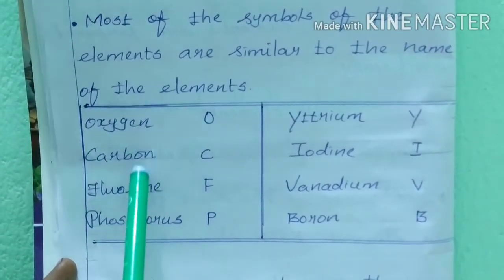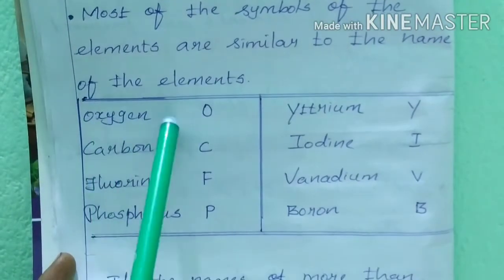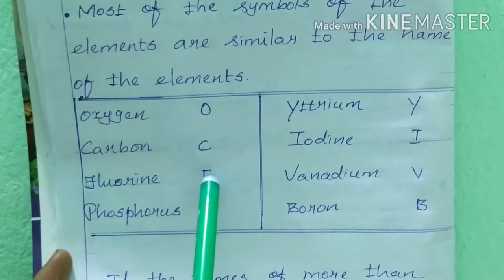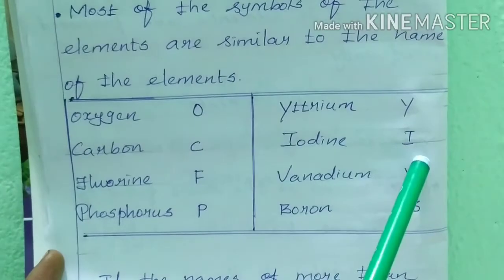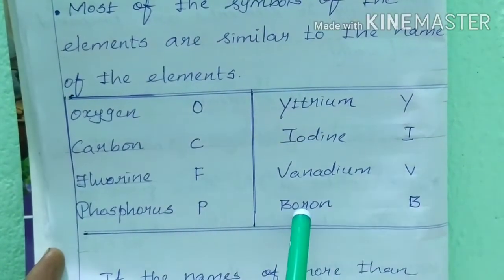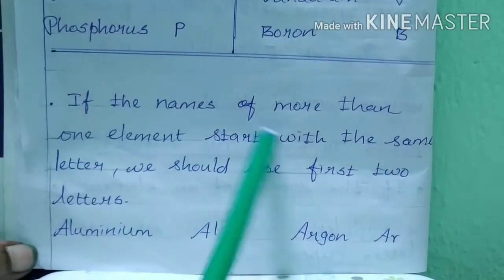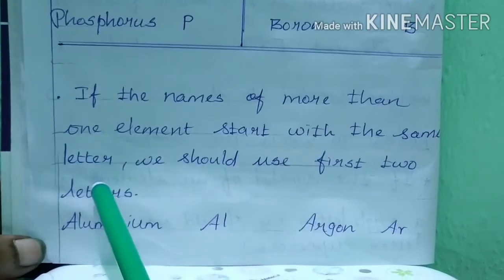They are written in English as they are. The symbol of oxygen is O, carbon C, fluorine F, phosphorus P, yttrium Y, iodine I, vanadium V and boron B.